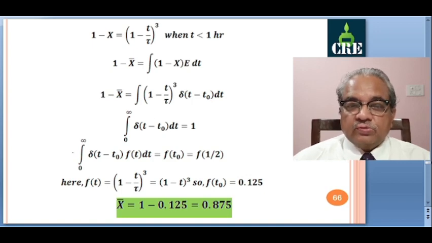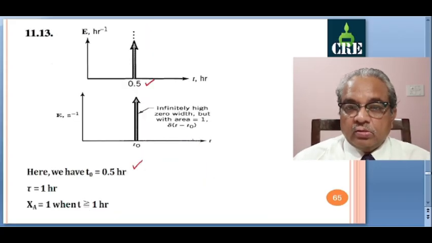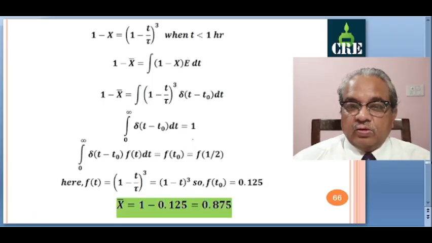And the solution of this integral will be simply f of t0. t0 is 0.5. So f of 0.5, that is half. Our function is (1 minus t by tau) whole cube.